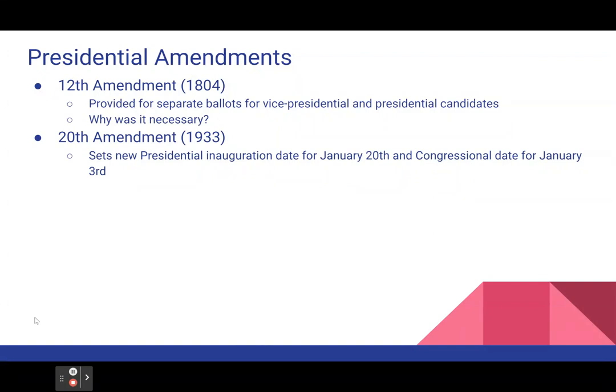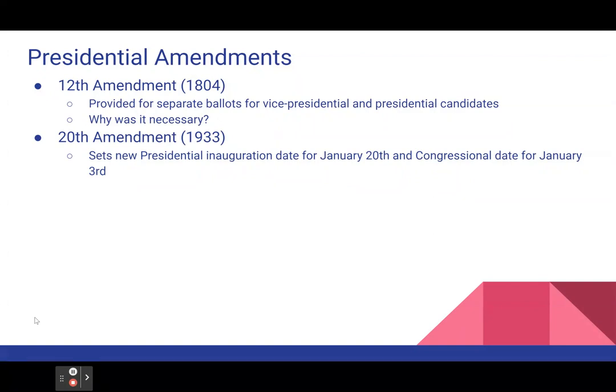So the new inauguration date for the presidency is set at January 20th, and January 3rd for Congress. Okay. Now, if the president elect dies before inauguration, the vice president elect will become president.